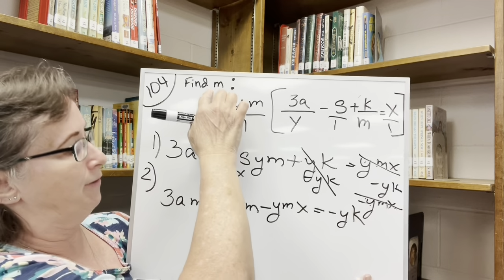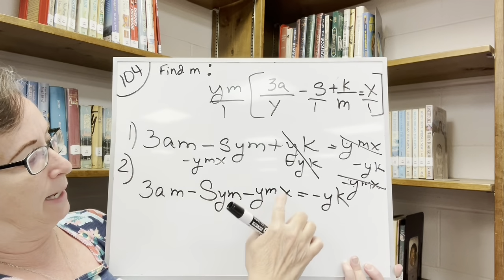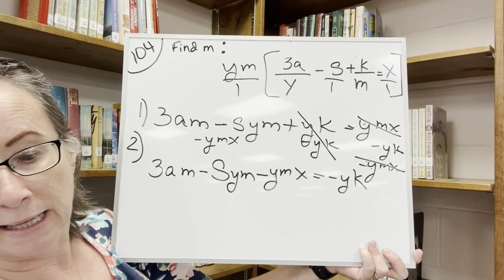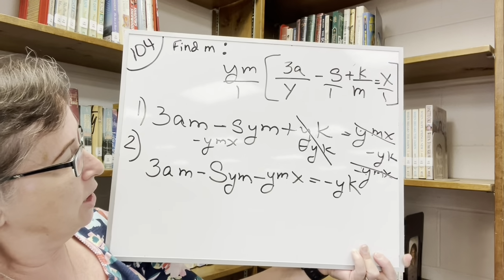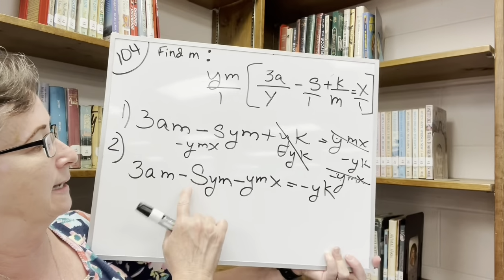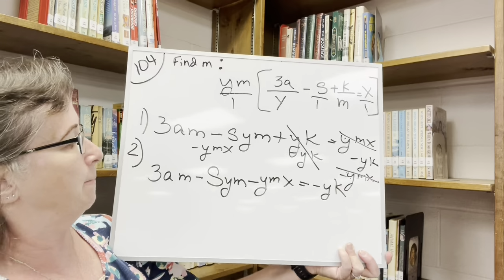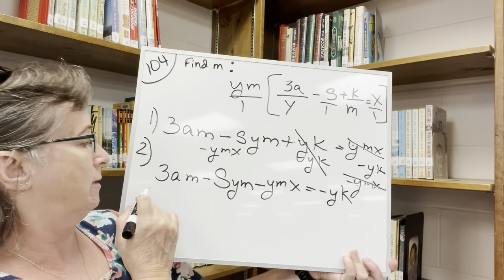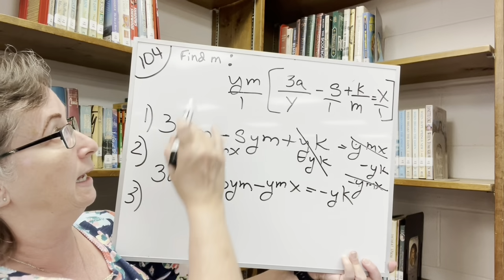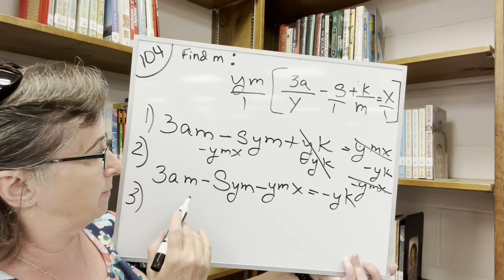Now I'm trying to find m, so now I have an m and an m and an m all together, and my minus yk is over here. Okay, and yes, that does look like an s instead of a 5, so I'm going to go with that. So now I'm going to step 3, factor out all of the m's, because that's my variable I'm solving for.